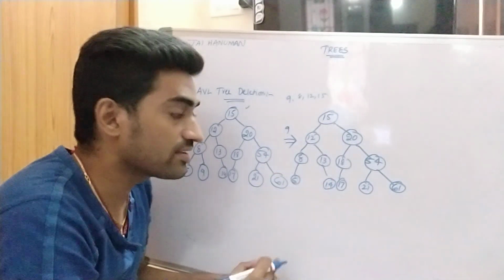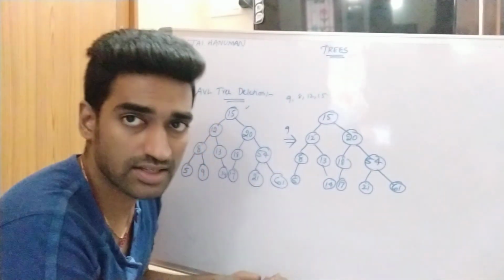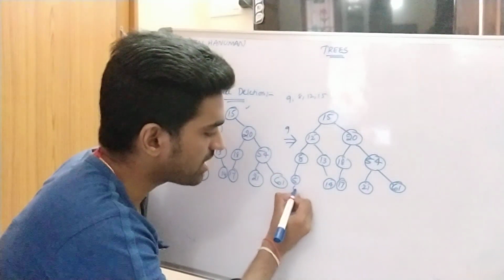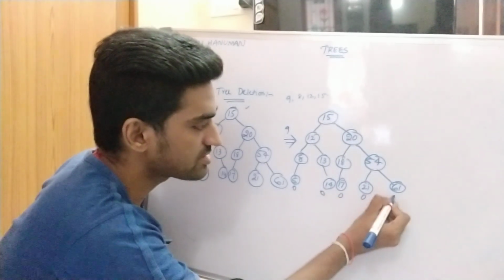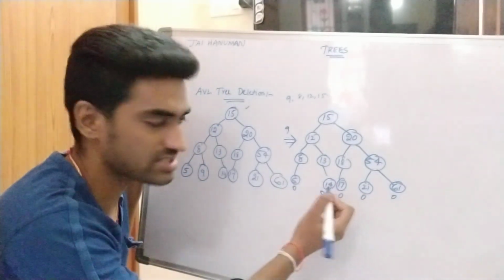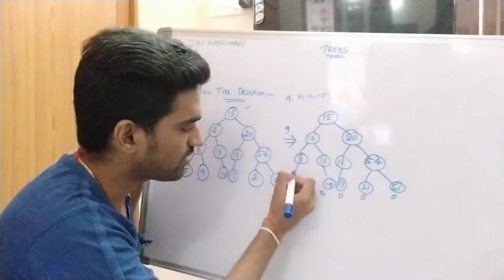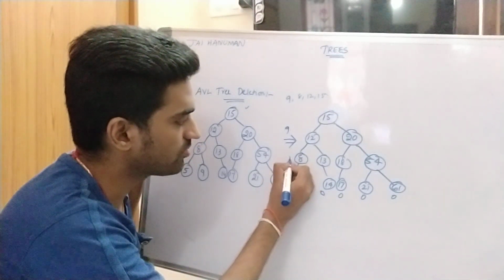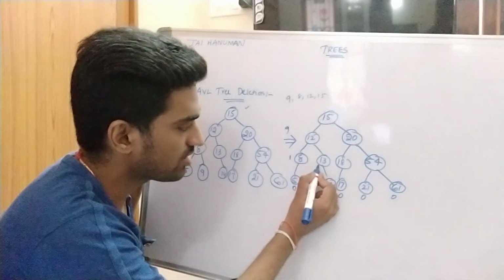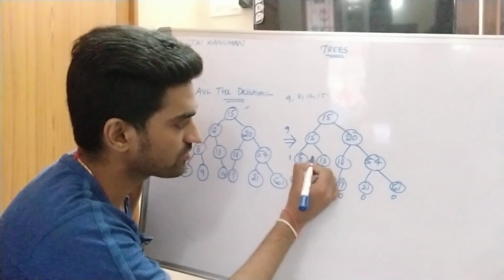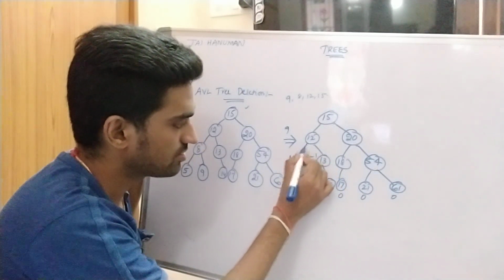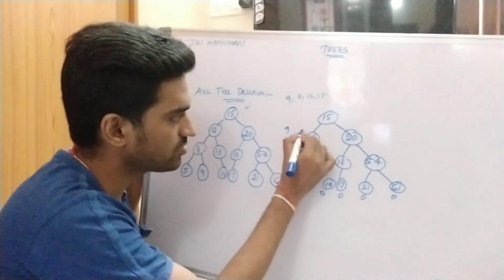So again we calculate the balancing factor for each and every node, right? All leaf nodes have balancing factor 0. Why? Because they do not contain any left children as well as right children. For this node, height of left subtree 1 minus 0, 1. For this one, height of left 0 minus 1, minus 1. For this one, 2 minus 2, 0.